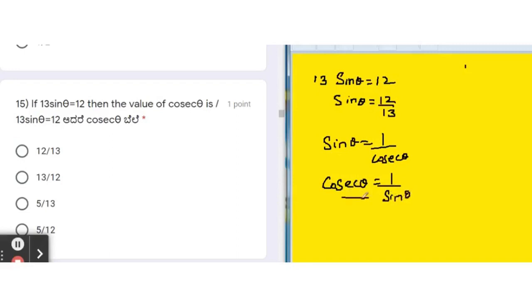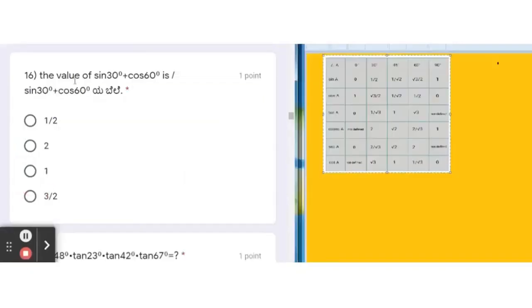They are asking to find cosecant theta. Cosecant theta is 1 by sin theta. If sin is 12 by 13, cosecant will become 13 by 12. So the correct option for this question is 13 by 12.